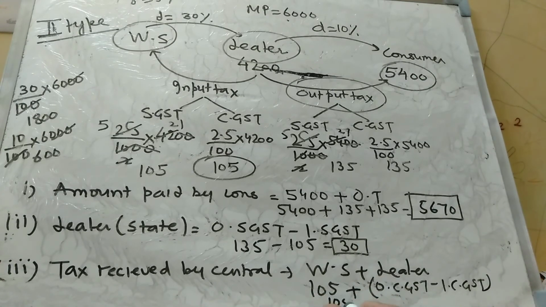So it will be 105 plus 135 minus 105. So 105 cancels out, and the amount of tax received by the central government is 135 rupees. So we have to find out these three parts in this question.